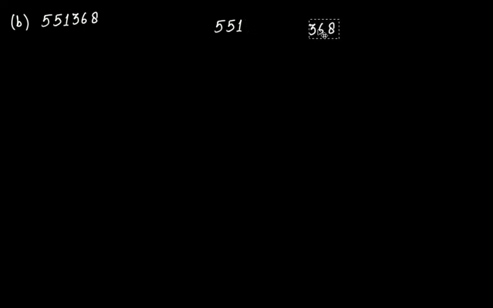This will tell us the units place and this will tell us the tens place. So your cube root has the ones place and the tens place.